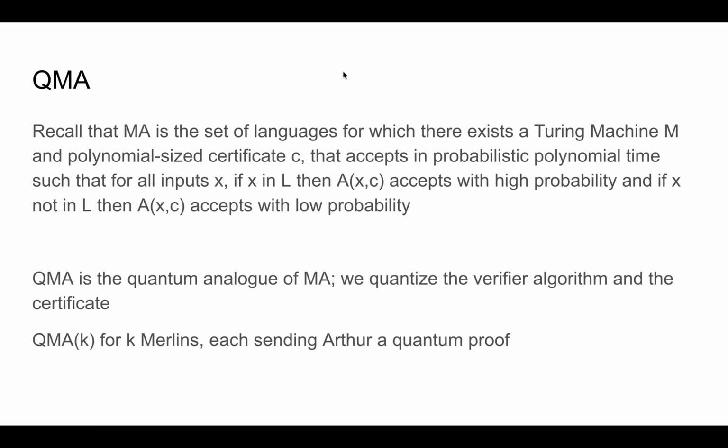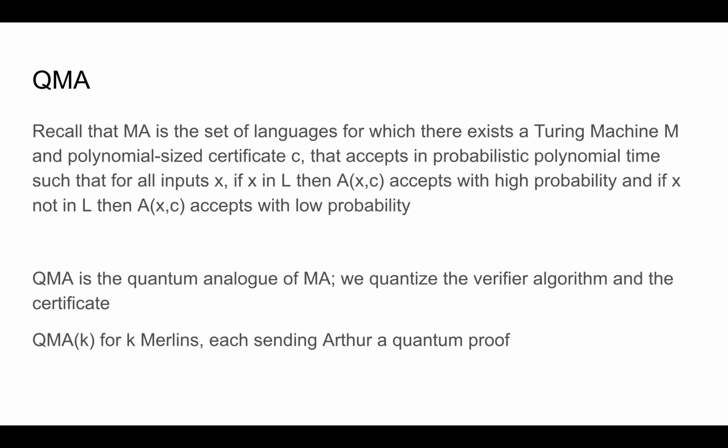Now we'll talk about QMA. If we recall, QMA is the quantum analog of MA. There are 2 fictitious agents called Merlin and Arthur, whereby Arthur is the verifier and Merlin is the prover.